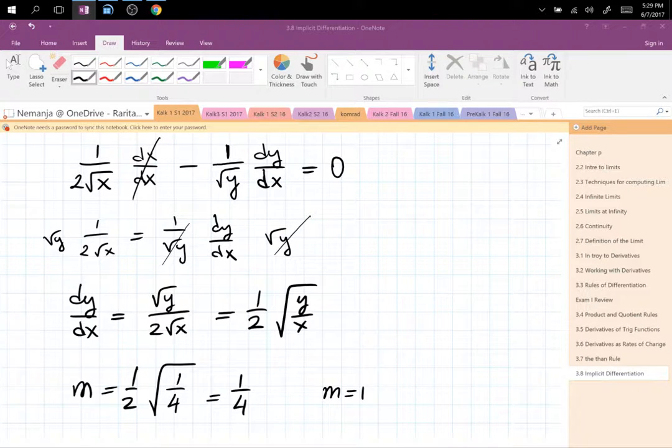Slope is 1/4. Yes. All right. Like you can still just combine them like that. Yes, that's the algebra rule.